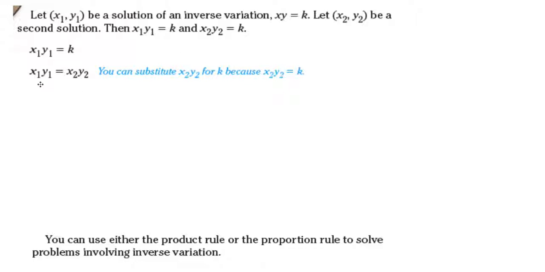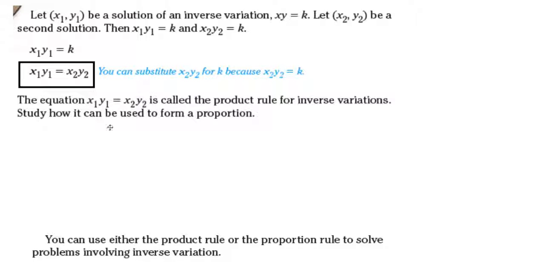Now we have x sub 1 y sub 1 equals x sub 2 y sub 2. So this is another formula we can use for an inverse variation equation. This equation, x sub 1 y sub 1 equals x sub 2 y sub 2, is called the product rule of inverse variations.